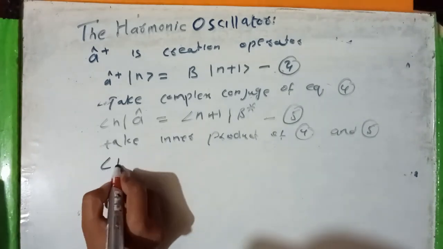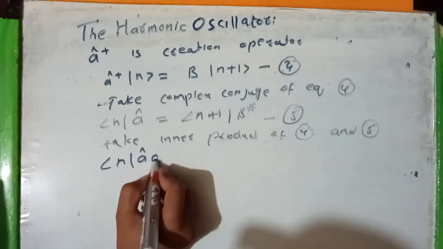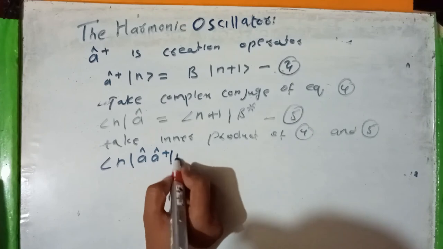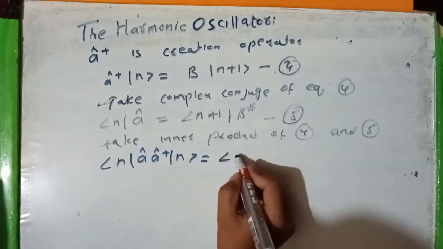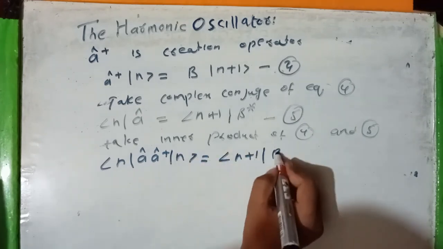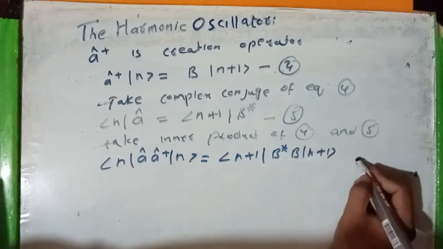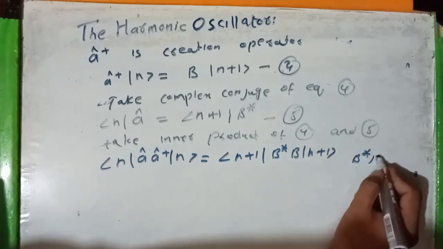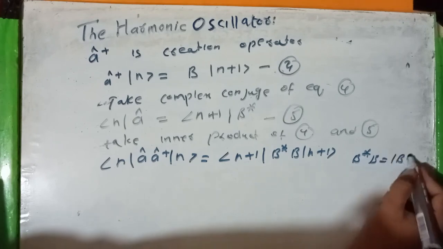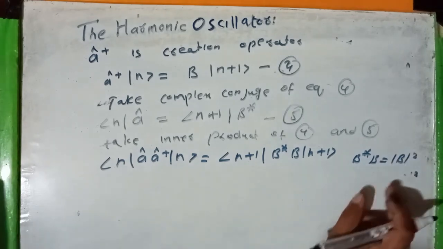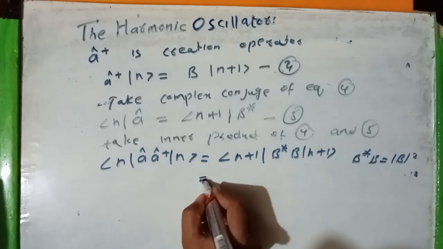So this becomes n a a dagger n is equal to n plus 1 B star B n plus 1, and B star B is equal to B square. Since B square is constant, we will take it outside.